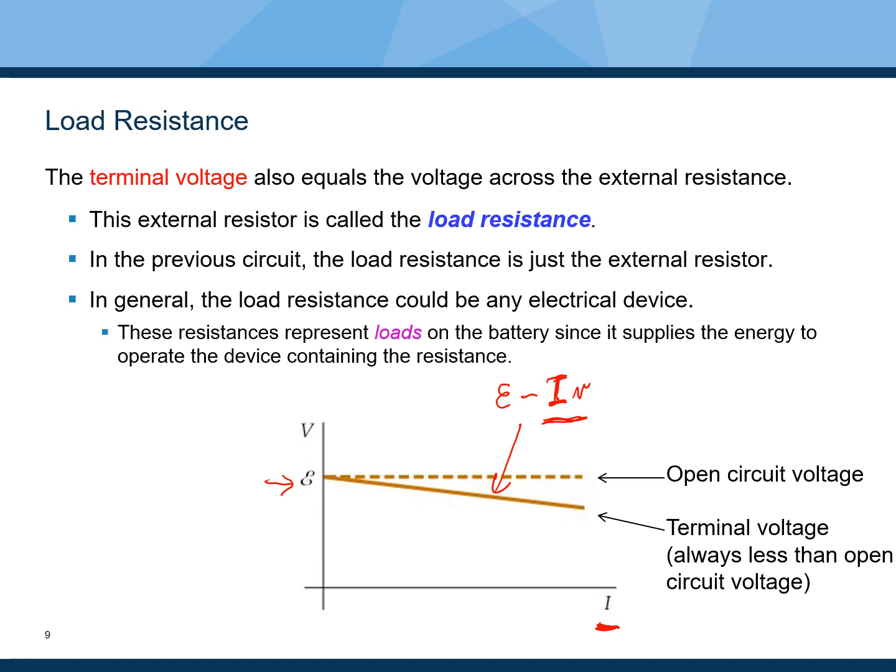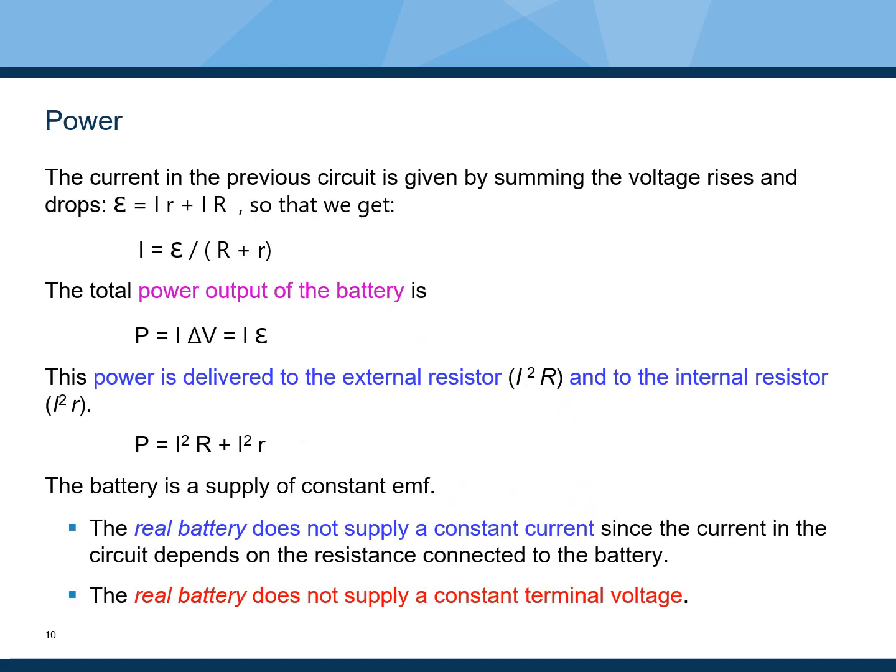So with this understanding, we understand how the external resistance and the internal resistance will interplay with each other. And that allows us to come down to this issue, which is to say that we can now start talking also about the power in the battery.